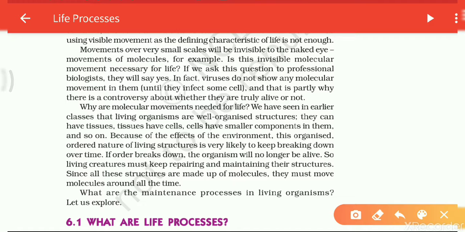That's why the movement of molecules is very necessary. If the molecules do not move, we cannot say that the organism is alive. Living creatures must keep repairing and maintaining their structures by taking healthy food and a balanced diet. Okay students, this is all about this paragraph.